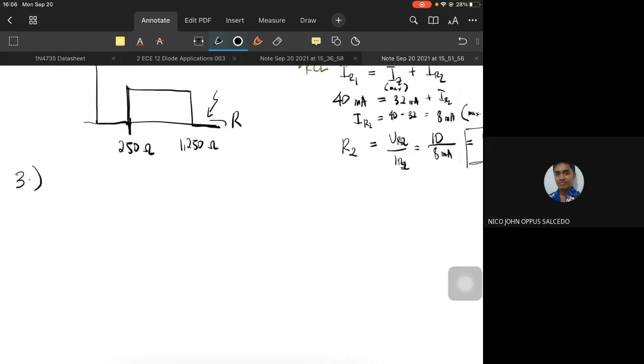So, what if this time, ang source na ang variable? $220 ohms, 1.2 kilo ohms, I mean.